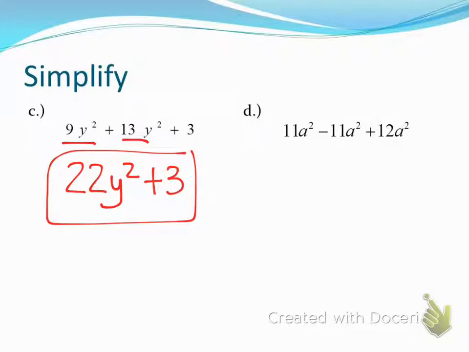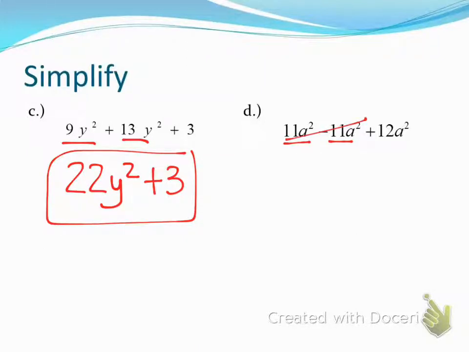Nevaeh, what did you get on part D? Okay, so we know we can combine these first two terms. They're both a squared terms. So if we combine 11 minus 11, what do we get? 0. So we could write 0a squared, but that's just 0.